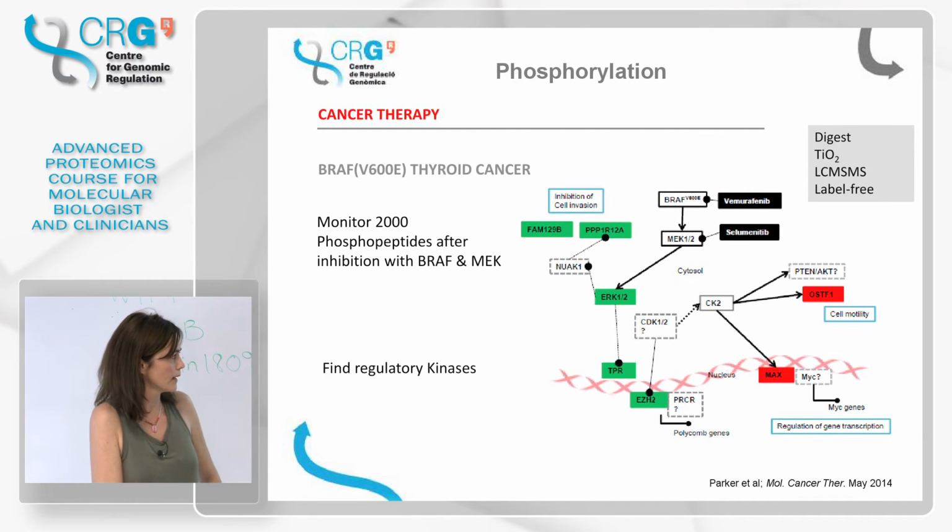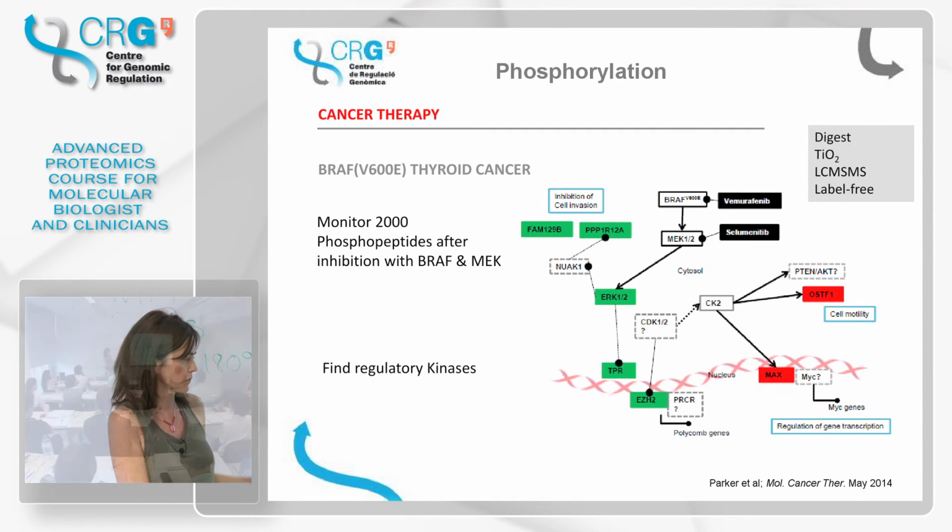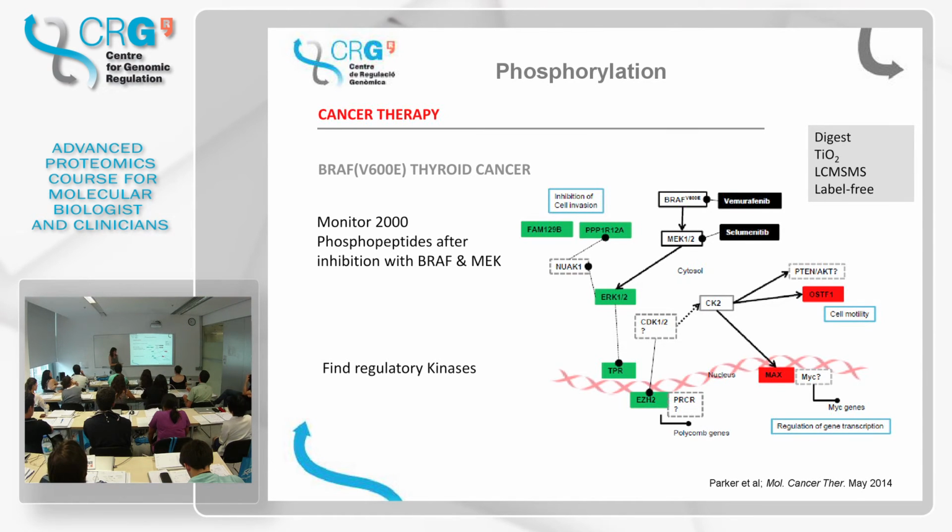So they treated them. They saw that by shutting down this pathway they could see going down all these substrates in their phosphorylations. However, they saw some substrates going up that were not necessarily downstream from this BRAF inhibition, and therefore they postulated that CK2 could be involved.